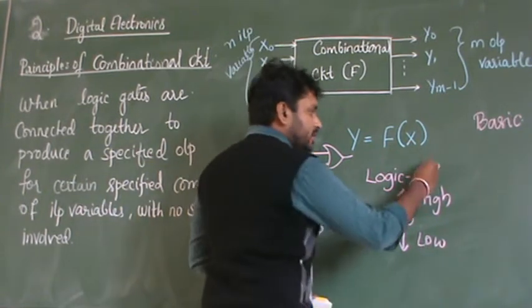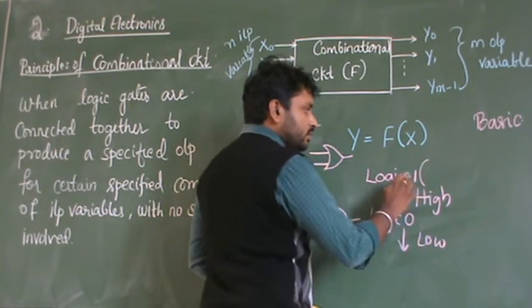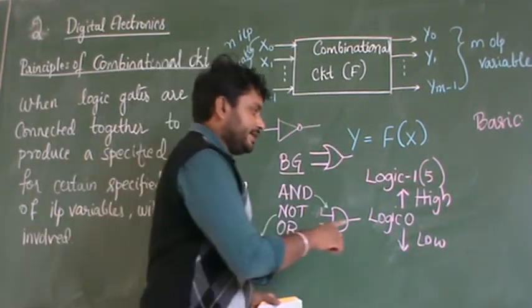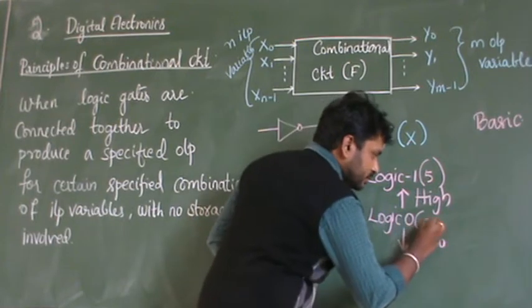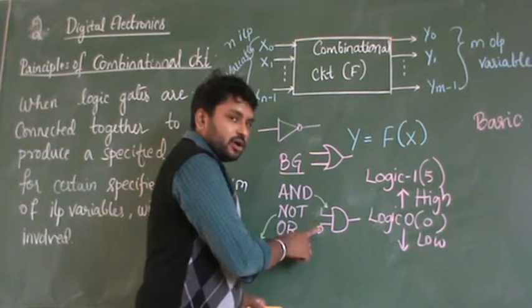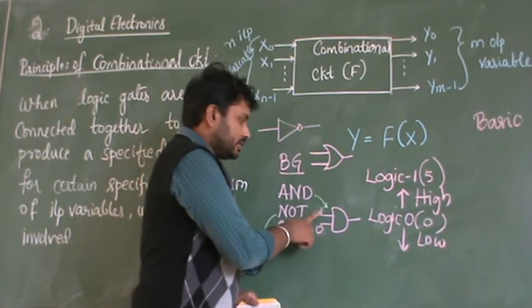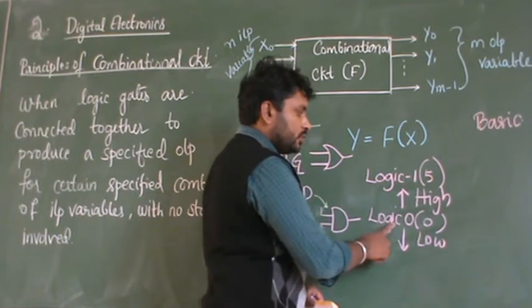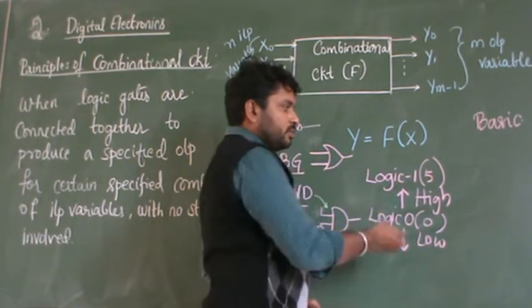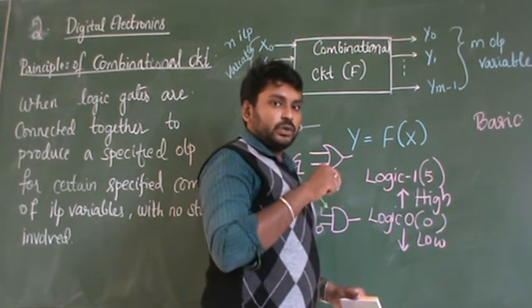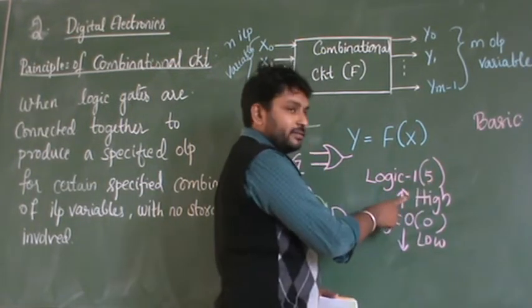Logic 1 will always be 1 if it is connected to 5 volts, and it will be logic 0 if it is connected to 0 volts. I repeat once again: you cannot give any analog value here. You have to give either logic 1 or logic 0. Logic 1 can also be called high and logic 0 can also be called low. Whenever you connect the input to 5 volts, it will be high.